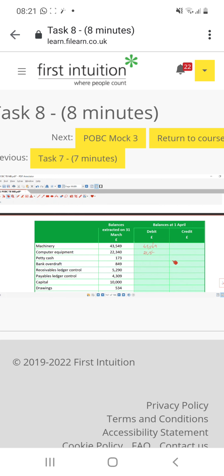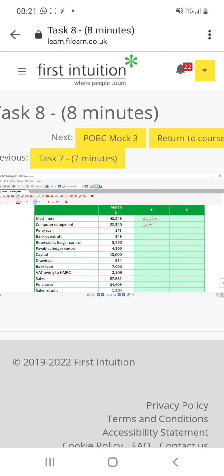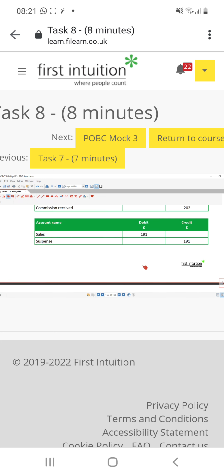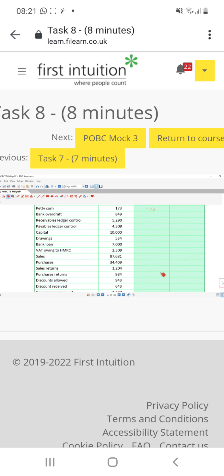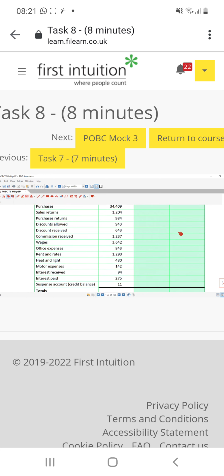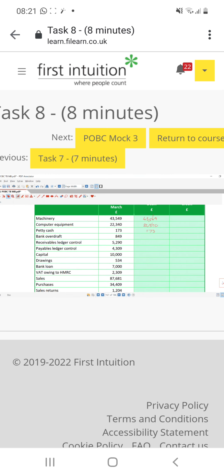So that 22,340 can come in here. Petty cash as well, another type of asset, will come in here. Our bank overdraft, though, remember, as it's an overdraft, is a liability. This 849 that we have just here. So that will be a credit balance. So that is absolutely fine.